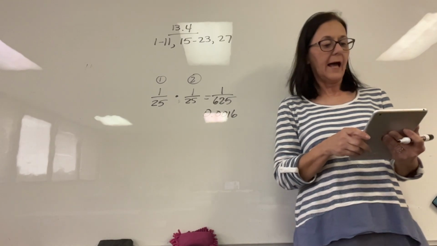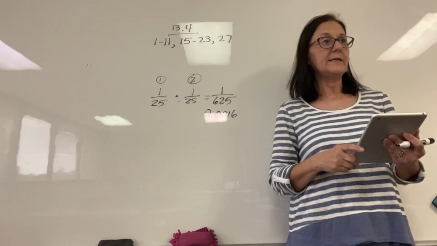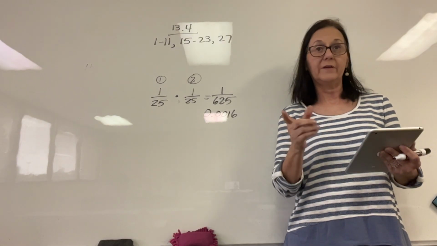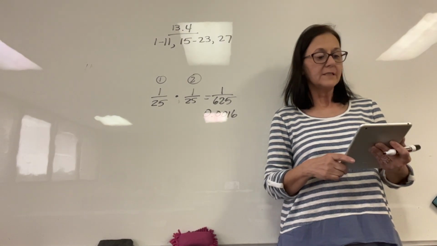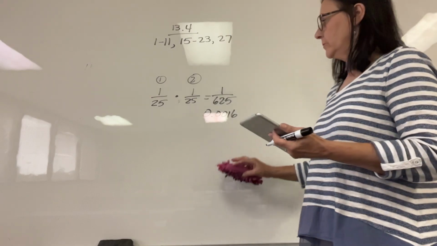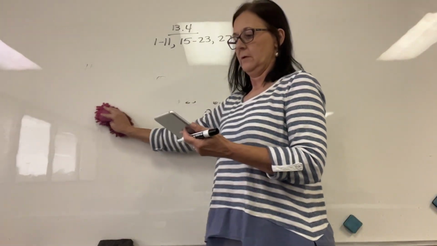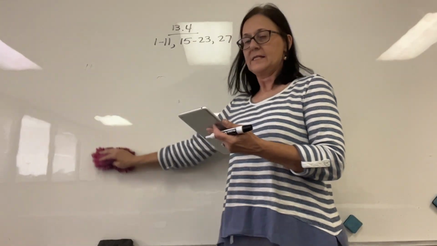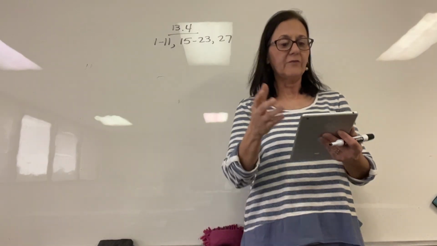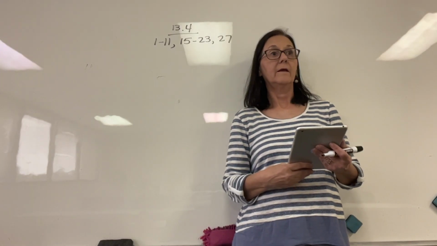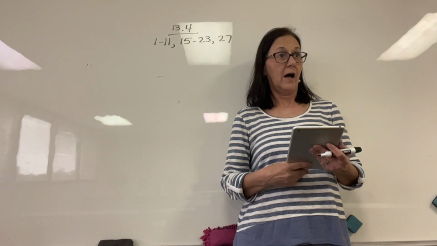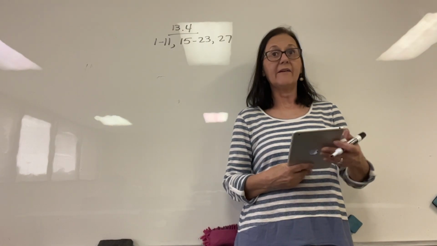If the class contains 11 boys and 14 girls, that's still 25 students. What is the probability of calling on a girl? 14 out of 25.